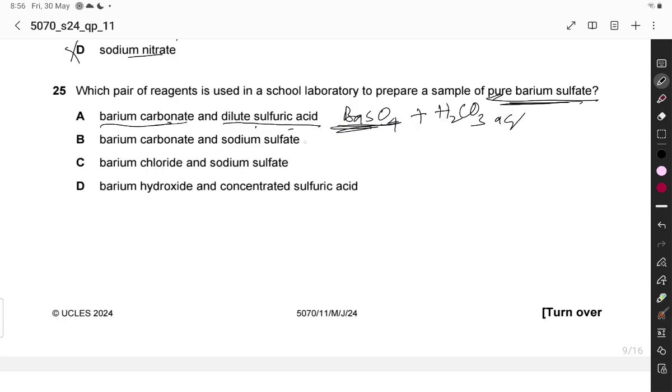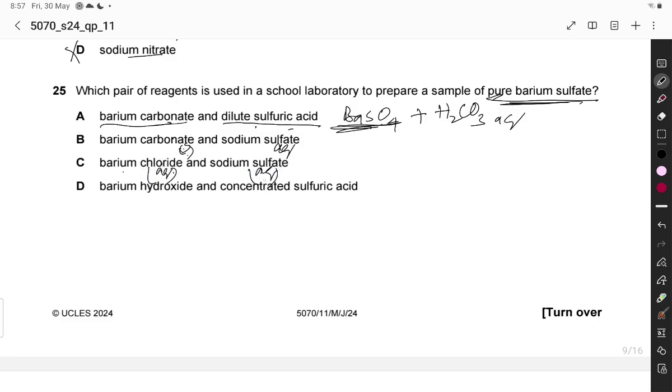Barium carbonate with sodium sulfate: this is solid, this is aqueous, so the reaction cannot work. For pure barium sulfate, both reagents should be aqueous, because barium carbonate is insoluble in water, so it cannot work.